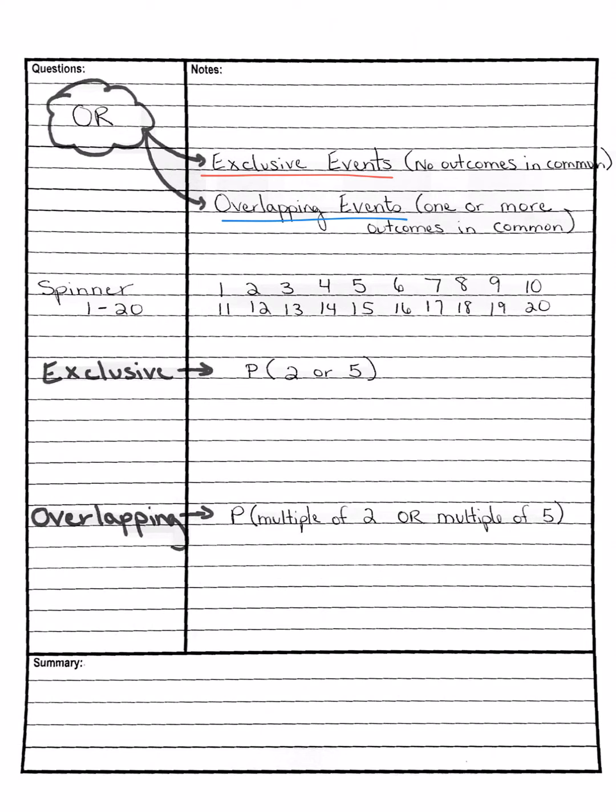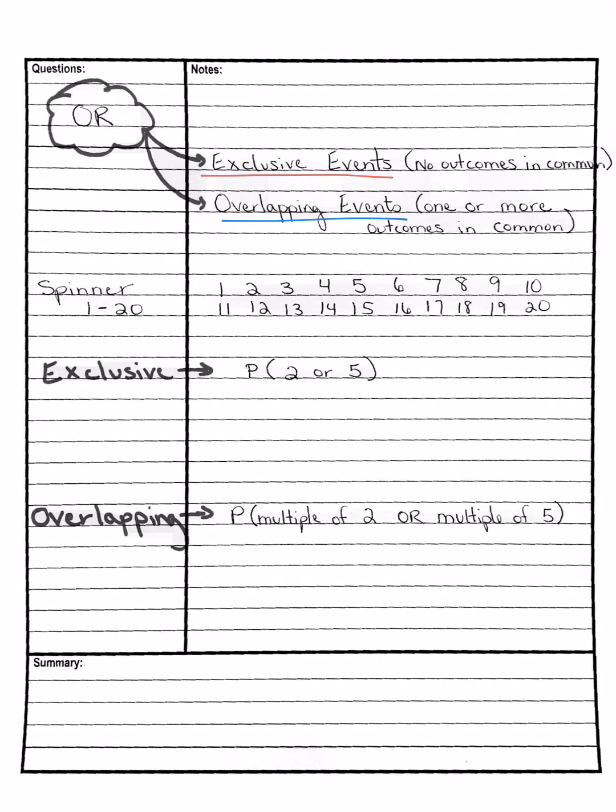So I want you to picture a spinner. And this spinner is divided into 20 different sections, and it has just the number 1 on one of them, the number 2, the number 3, all the way to 20. Let's talk about an exclusive event here. First of all, we want to find the probability of spinning a 2. The key word there is or a 5.